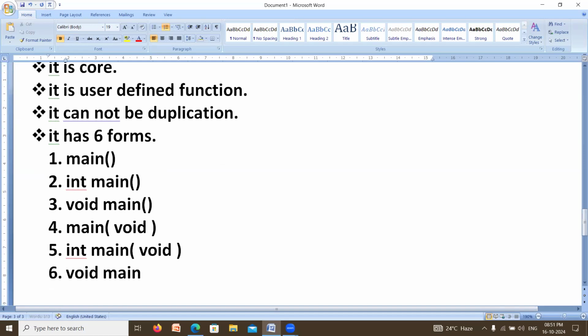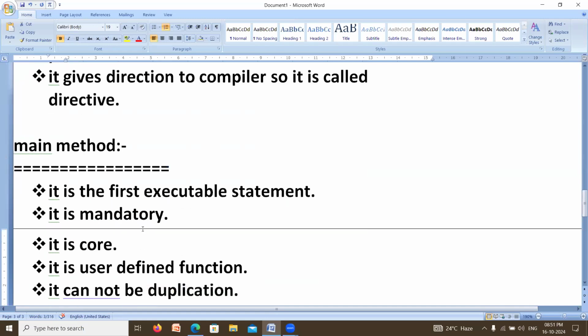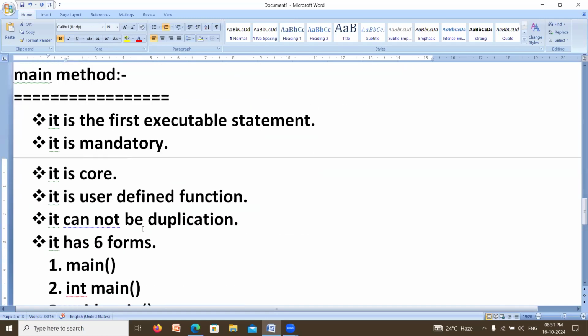Or void main of void. These 6 models you can use. Any model you can use, no problem. I am using the third model. You can use the second model also. You can use the fourth model also. It is up to you. It is your choice. But we have 6 models. Friends, note on this.